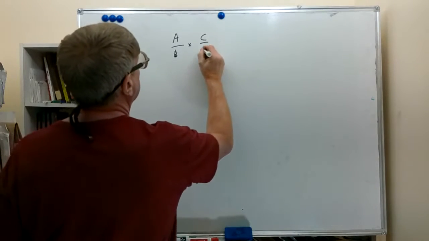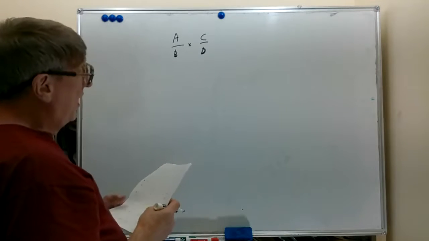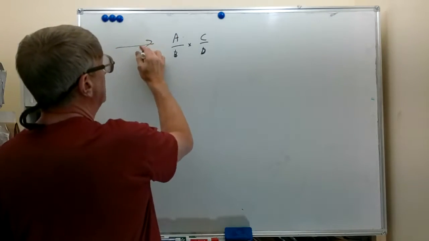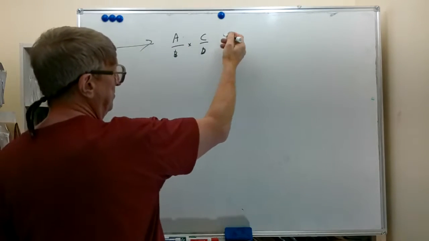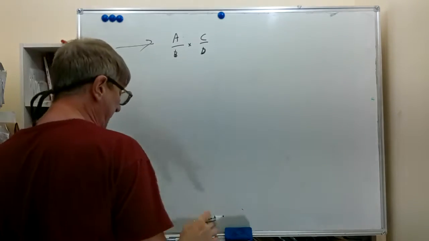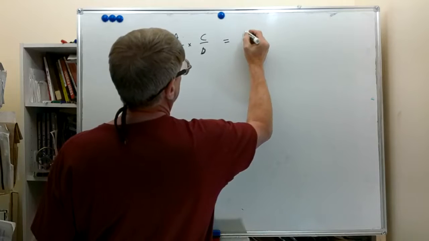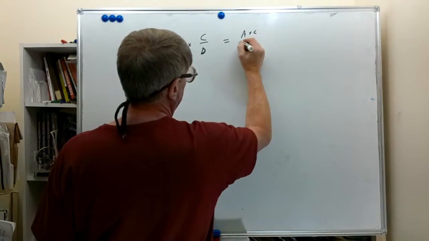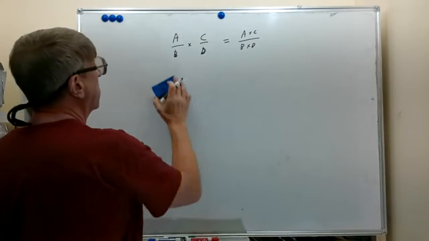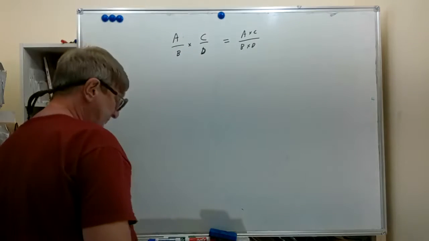Suppose we want to multiply A over B times C over D. Well, how we do that is we simply multiply each numerator by the next numerator, and each denominator by the next denominator. So this is equal to A times C over B times D. So that's how we would do the multiplication.